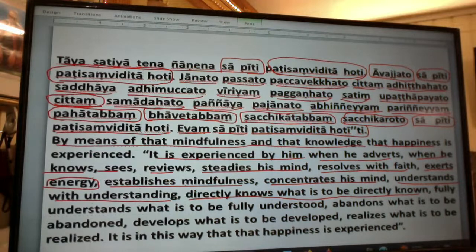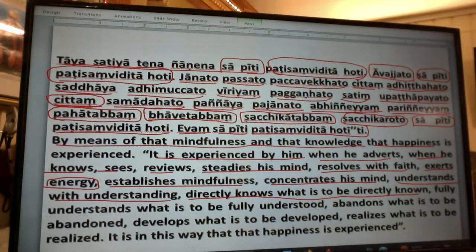This is our very important step. Why do we practice Vipassana meditation? Because we want to understand dukkha satya, the truth of suffering.